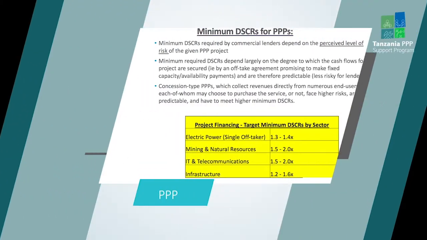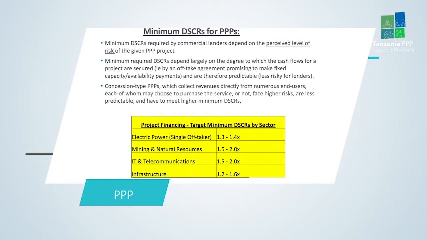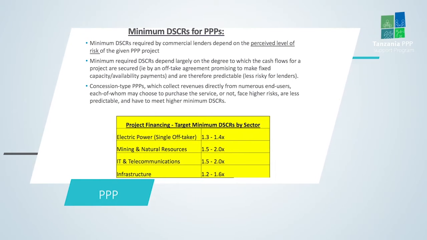So one of the lower risk projects tends to be something like an independent power project with a single off-taker. That means the only risk that the private partner takes is they design it, they finance it, they build it, and they operate it, meaning they generate power when called upon to do so.